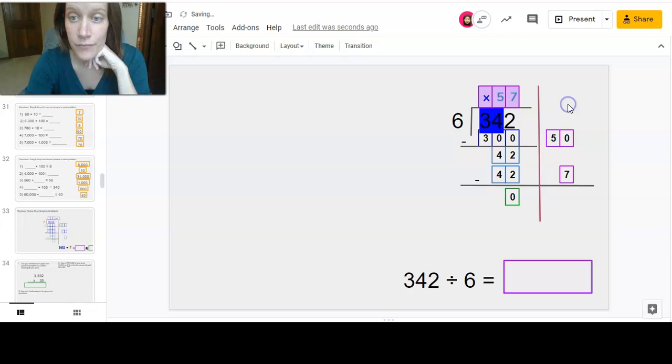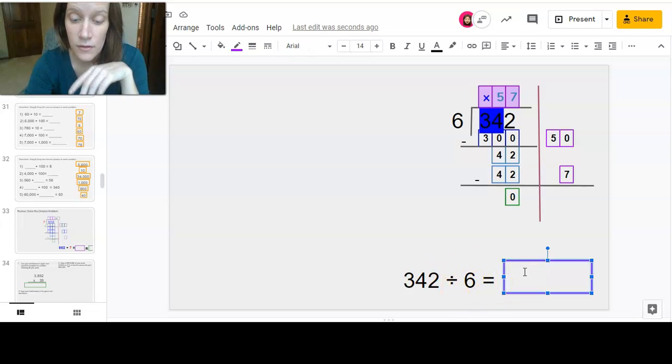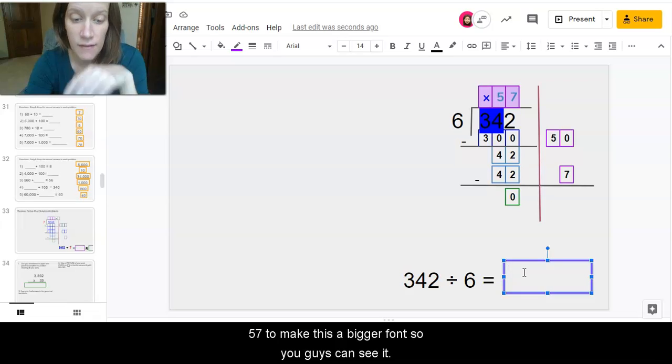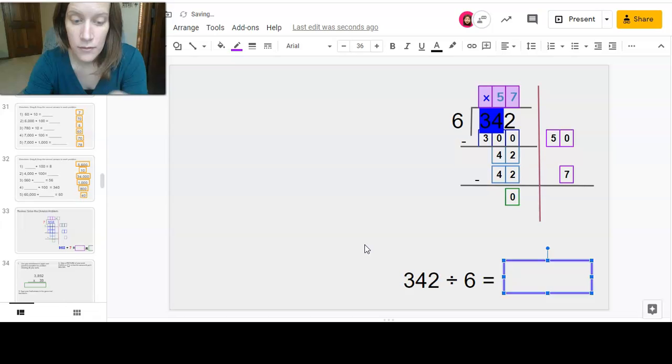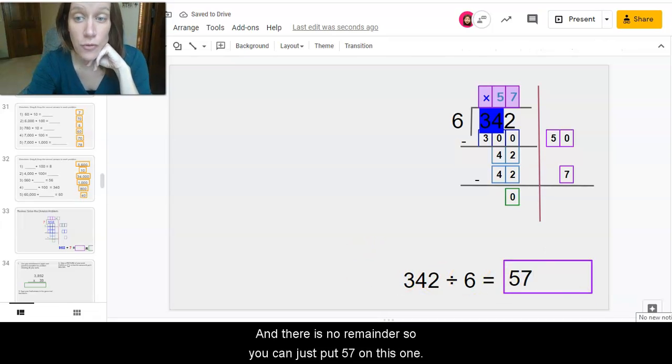And 7 ones. 57. 342 divided by 6 equals 57. I'm going to make this a bigger font so you guys can see it better. And there is no remainder, so you can just put 57 on this one.